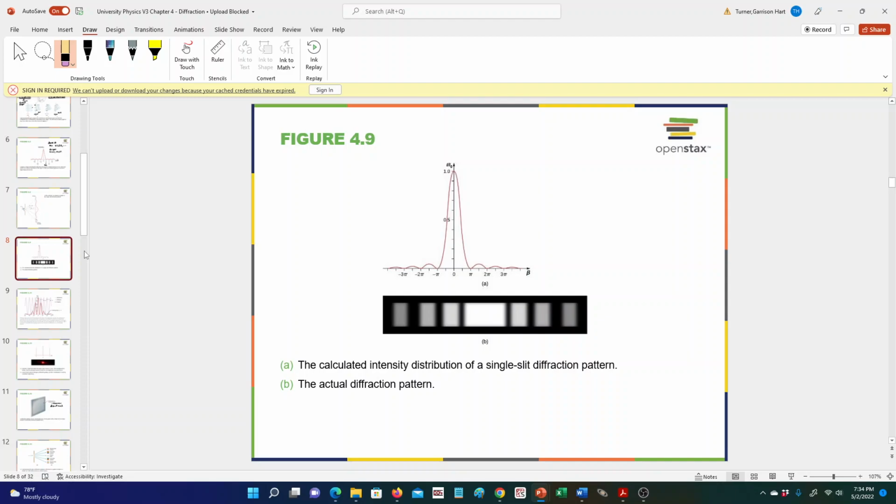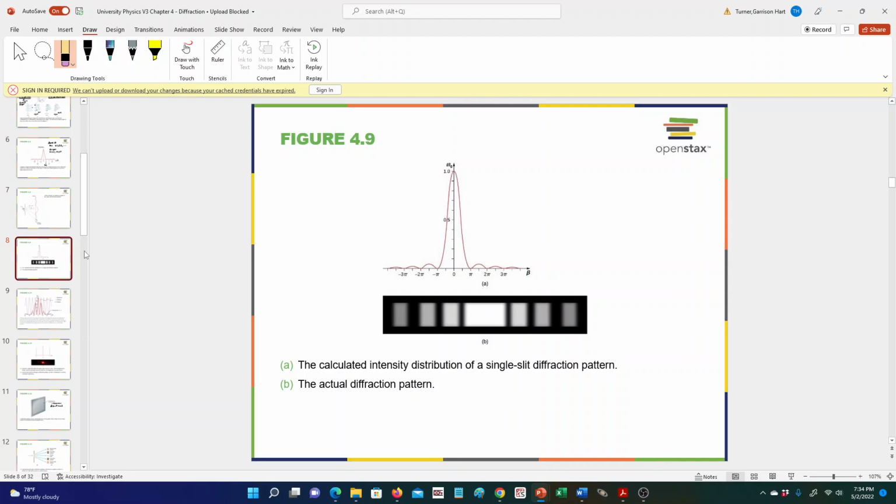So you have a really wide central maximum, and then you have varying width maxima on either side, and as the widths get longer, the intensity gets less, and the gaps between them increase. So the width of your dark spots increases as well, and that's exactly what we're seeing here with this pattern.